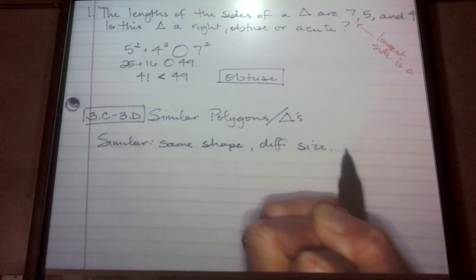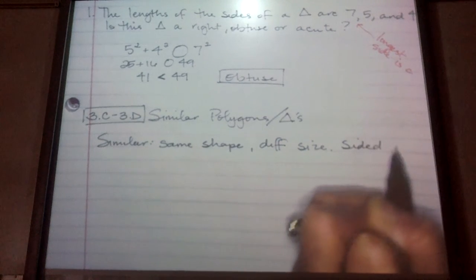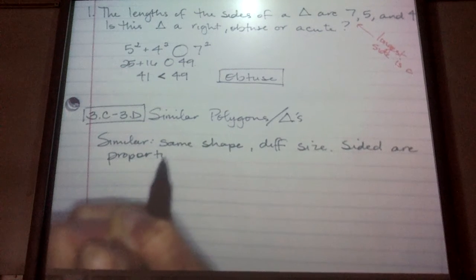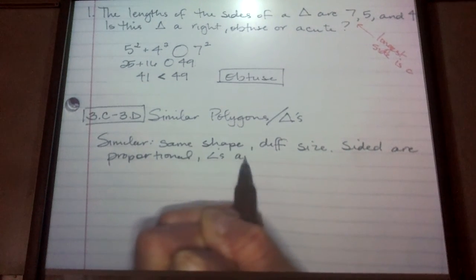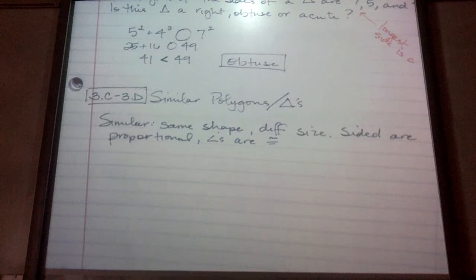And I know that the sides are proportional, but the angles are congruent. When I say proportional, I think that there is a scale factor that is involved, and the figure has either been increased or reduced.